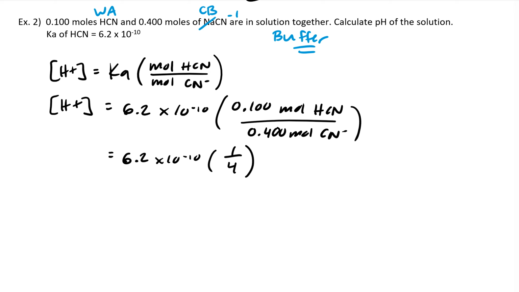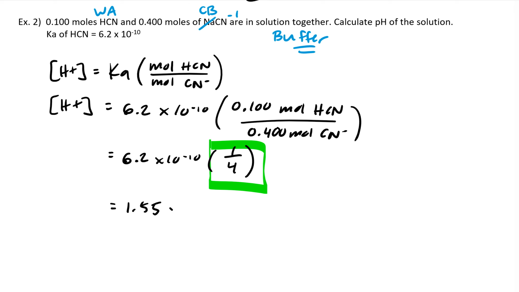So that mole ratio of weak acid to conjugate base is again a quarter here, 1/4 as the first example. Okay, and we'll come back and talk about that just a little bit. Let's finish up the calculation.